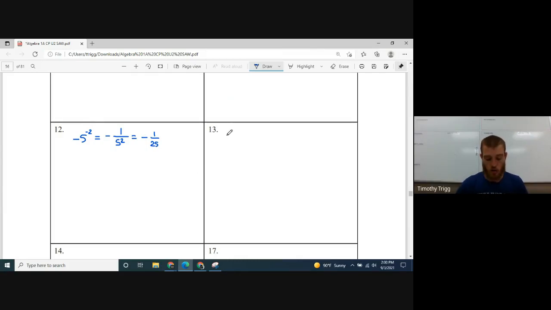Number 13. So here's the example of what about if this were in parentheses. So what's the difference here? Okay. So again, the negative exponent makes it 1 over (-4) squared, like that. Remember, once you move it into the denominator, that becomes a positive power. So here, this would be 1 over -4 times -4, right?